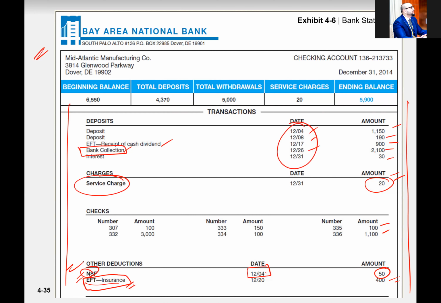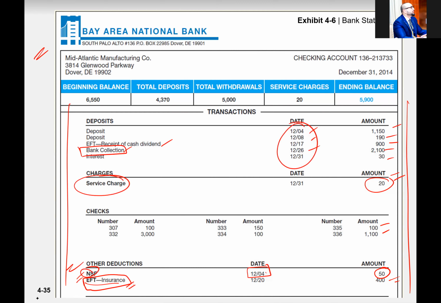According to our books, we already deducted that one, but in the bank statement there is no cash, so they rejected that one, right? So he will come back to you and say, issue me a new check. So we need to add back that NSF as well, right?